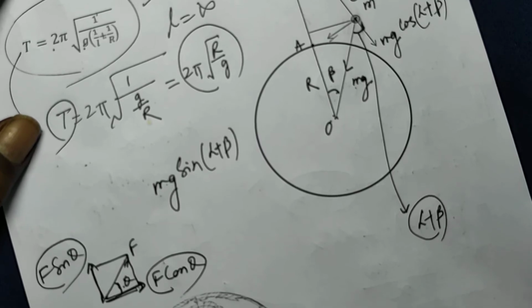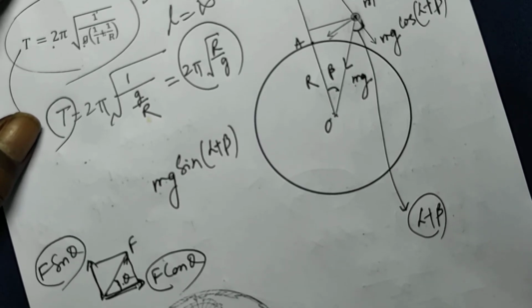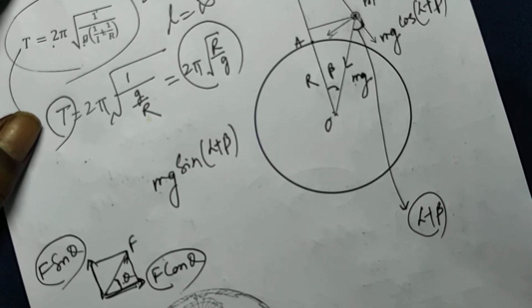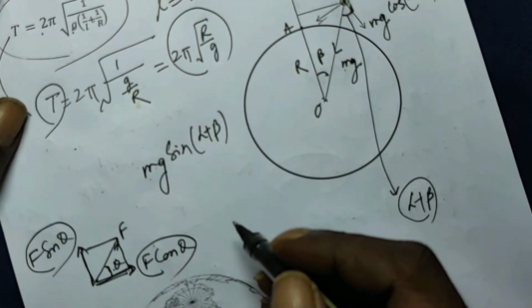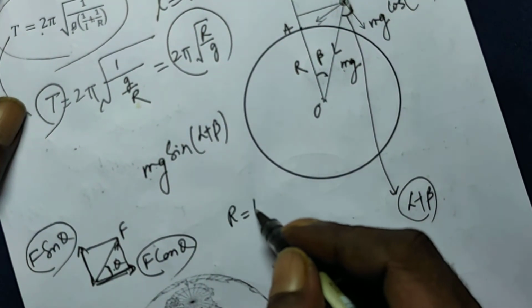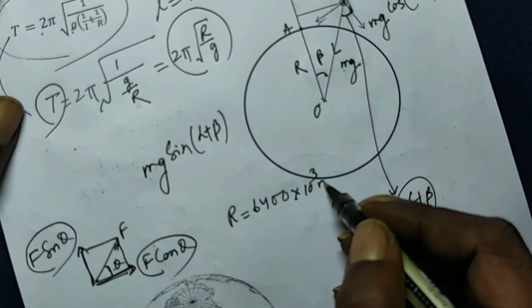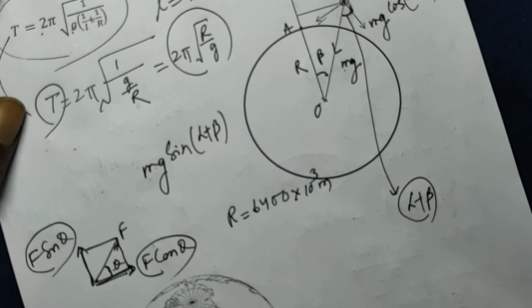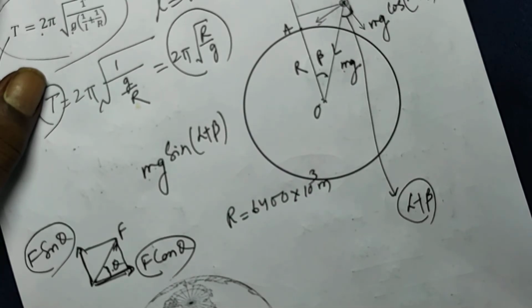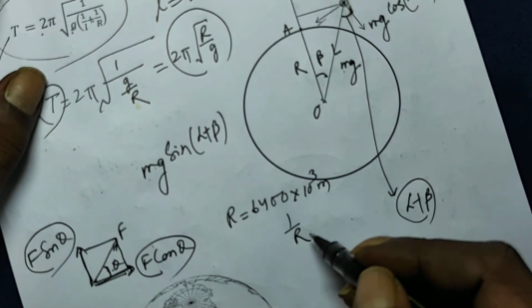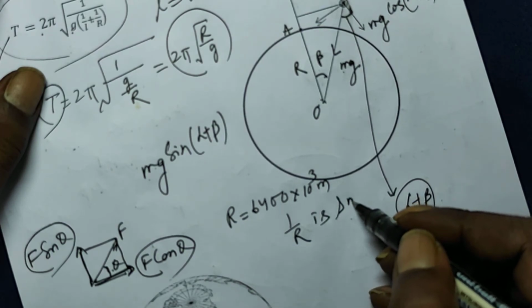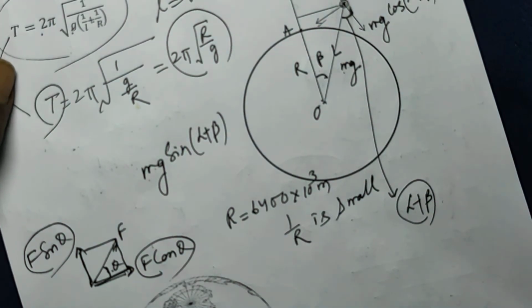Now, if L is small and r is very large, as you know, the radius of the earth is 6400 kilometers, that is equal to 6.4 into 10 to the power 6 meters. Therefore 1 over r is very small.